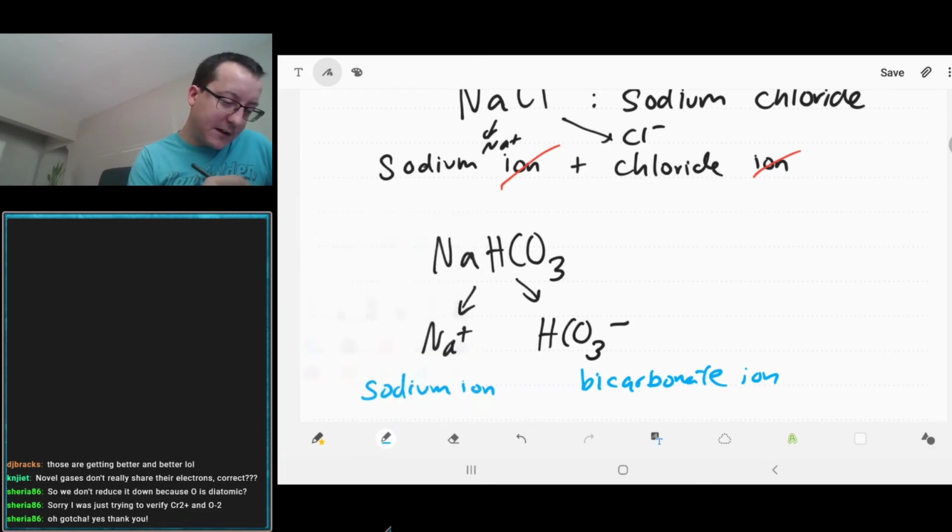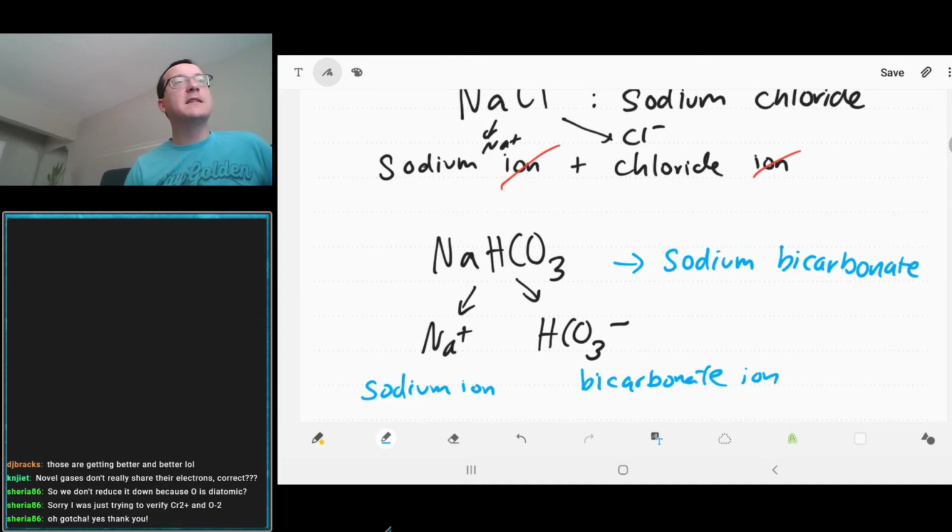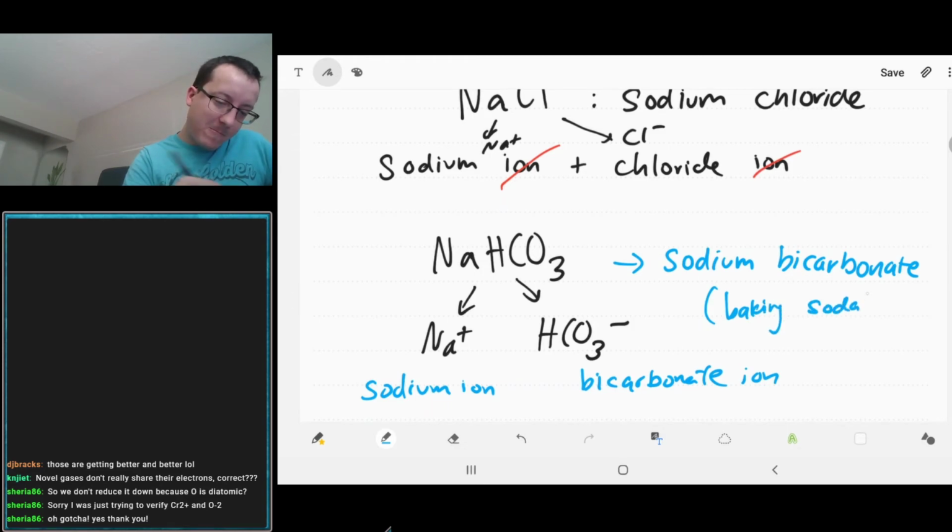Putting those together, this becomes sodium bicarbonate. You'll see that bicarbonate could also be called hydrogen carbonate. You could call this sodium hydrogen carbonate. That would work. Same thing. Just so you know, this is baking soda, in case you want to amuse your friends or whatever.